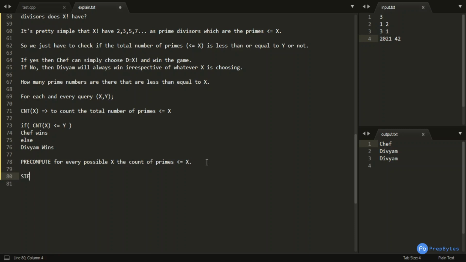You must have heard the term sieve. So sieve is nothing but a really popular coding algorithm, or a technique in order to find all the primes less than or equal to n.